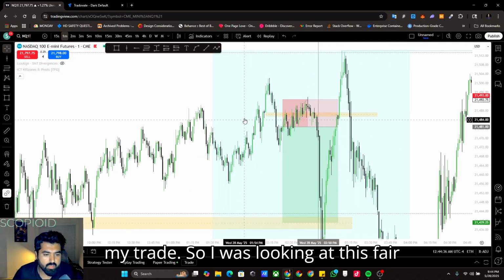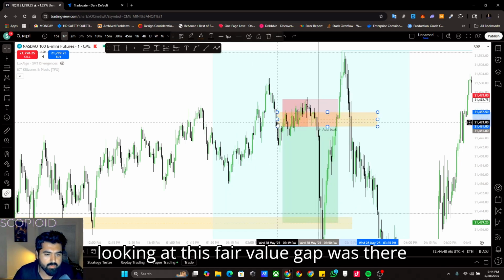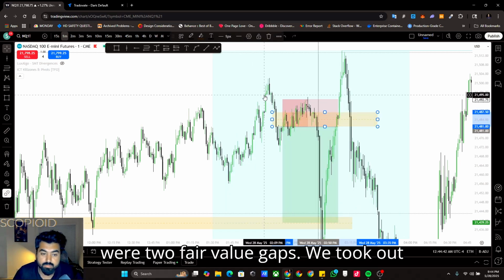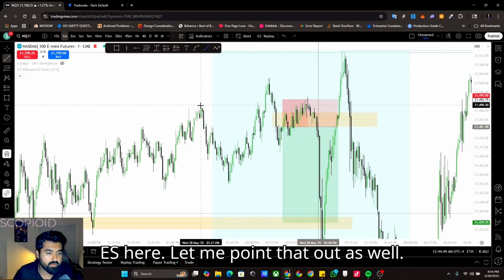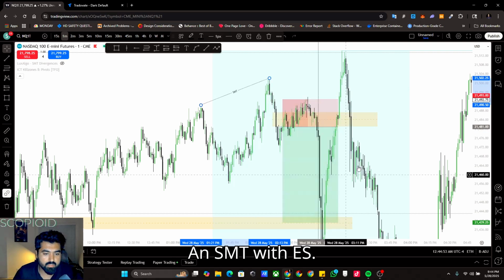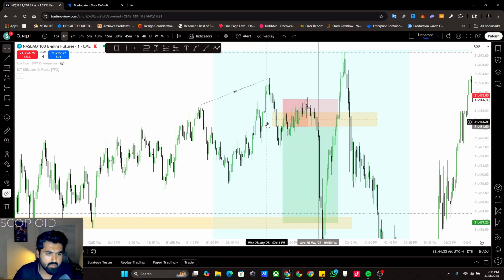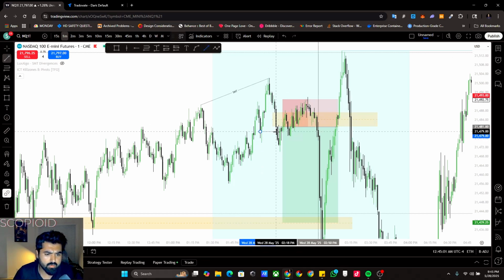So I was looking at this fair value gap here, because the reason for looking at this fair value gap was there were two fair value gaps. We took out liquidity. There was an SMT with ES here. Let me point that out as well. An SMT with ES. We disrespected these two fair value gaps. We did a break of structure here.